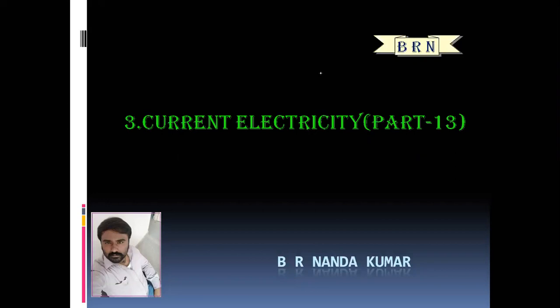So in this class, we are going to discuss the next very important application, that is determination of internal resistance of a primary cell using potentiometer. This is the last part of this chapter. Okay, let's start today's class.